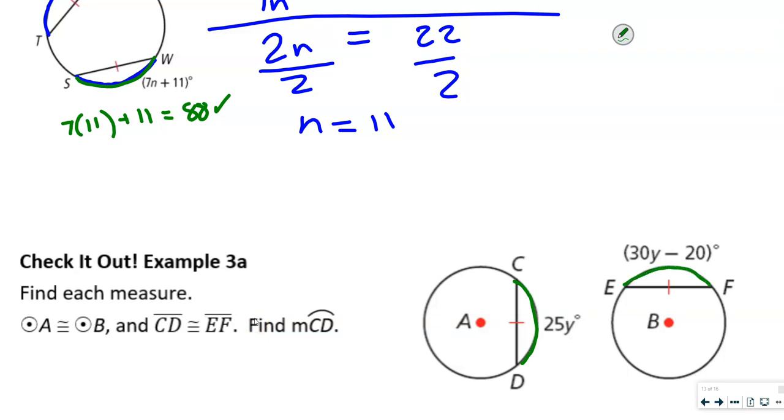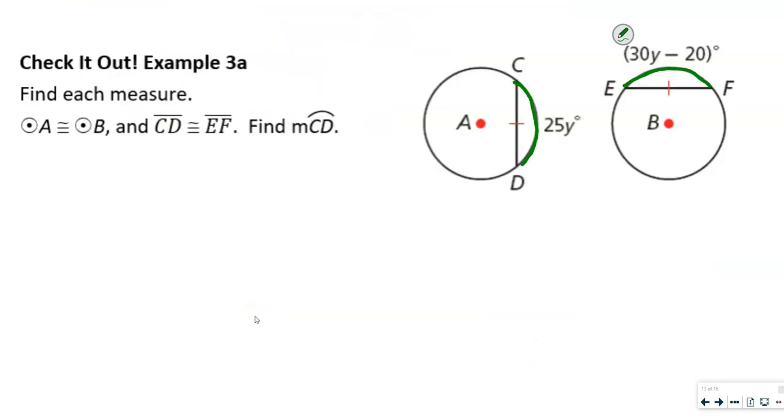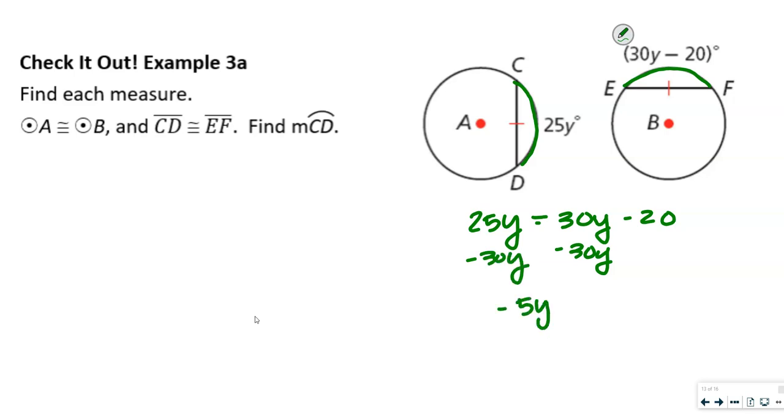So once again, we can set those two equations equal to each other. 25y is equal to 30y minus 20. So I'm going to subtract 30y from both sides. That gives me negative 5y is equal to negative 20. Divide both sides by negative 5. So y is going to be equal to 4.